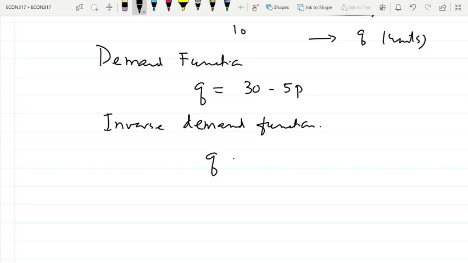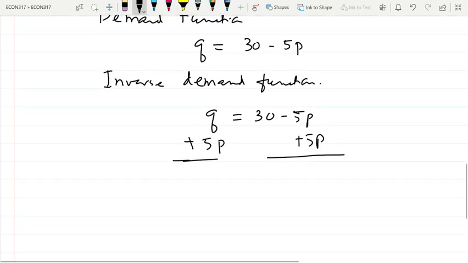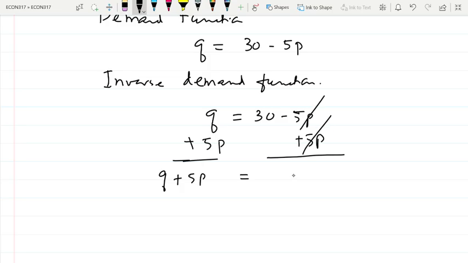So I have Q equal to 30 minus 5P. I would like to move P from the right hand side to the left hand side, and to do that I want to add 5P to both sides. So this gives me Q plus 5P. On the right hand side, negative 5P and positive 5P cancel each other out. So what remains is 30.